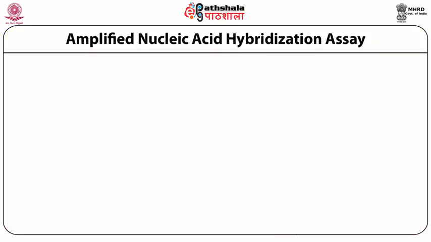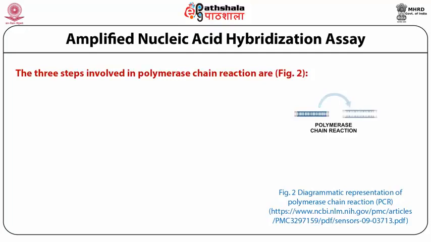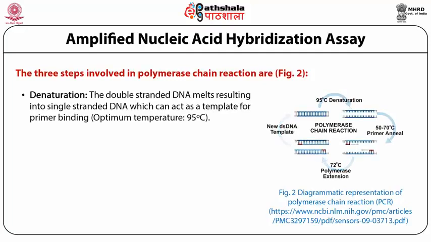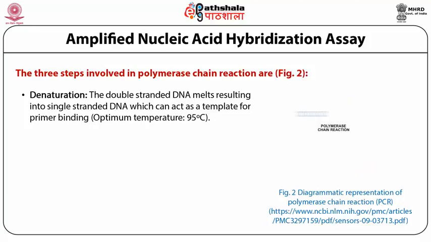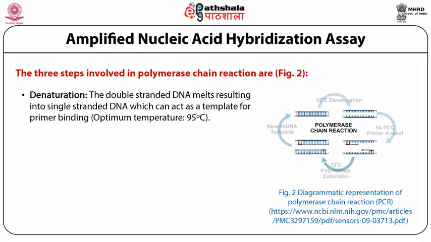Now I will briefly discuss the steps involved in the PCR reaction. The first step is denaturation. Double-stranded DNA melts, resulting in single-stranded DNA, which can act as a template for primer binding. The denaturation is generally carried out at a temperature of 95 degrees Celsius in a thermal cycler.